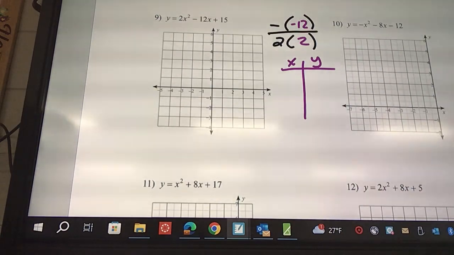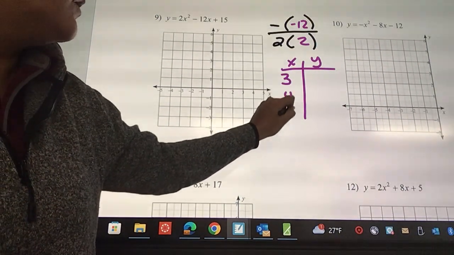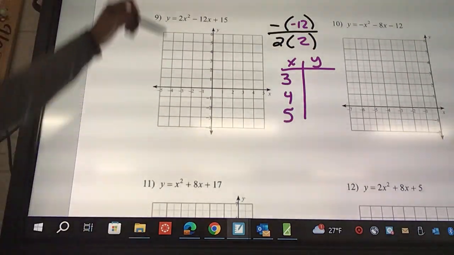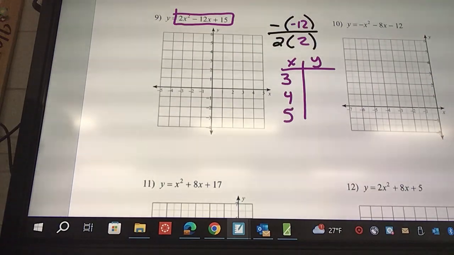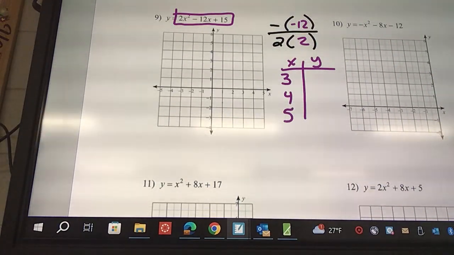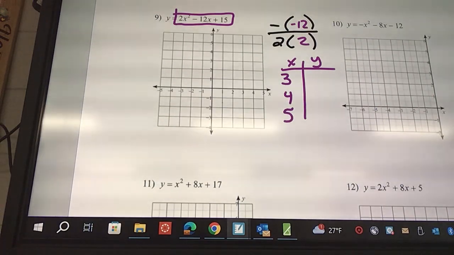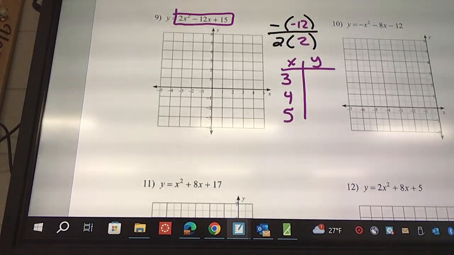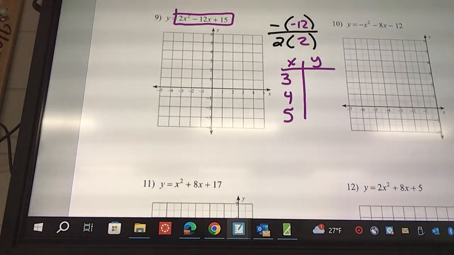Somebody agree? What comes next? 4 and 5. And again, we're putting these numbers up here. So try to figure out, type that in. There's another on there. Oh, my bad. Two more.